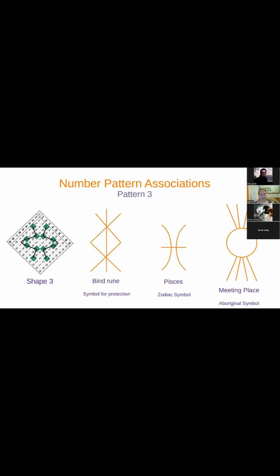Now, for pattern number 3, we see other shapes. The vine rune for protection is a little bit not so symmetric because of my drawing skills with this program. And Pisces, the symbol of Pisces, the zodiac sign, as well as meeting place, a symbol in the Aboriginal culture.